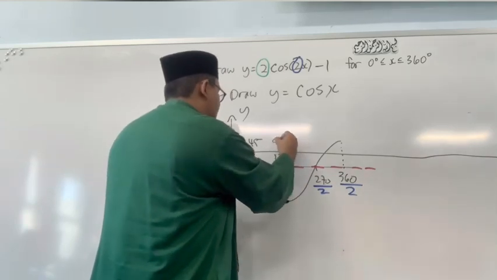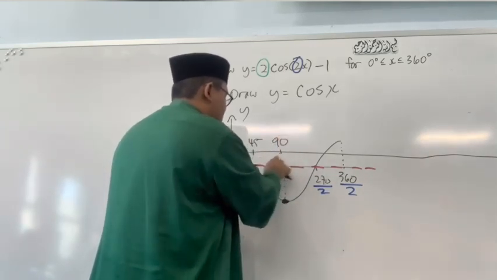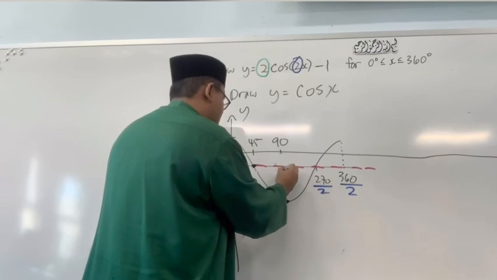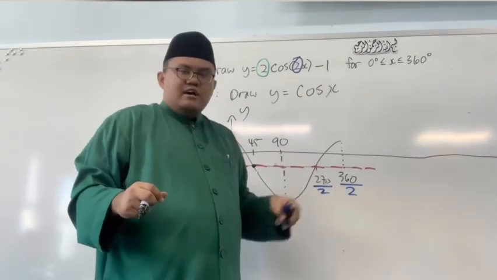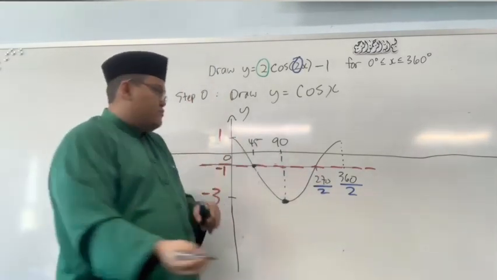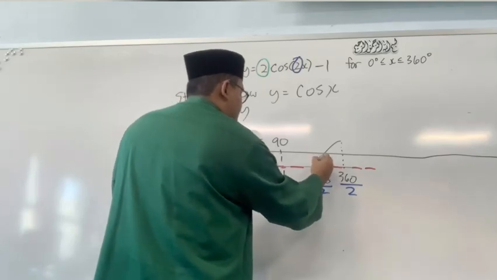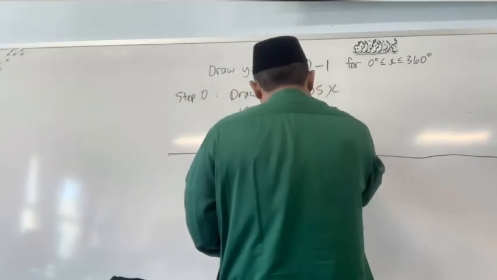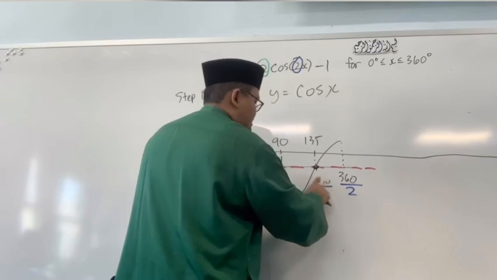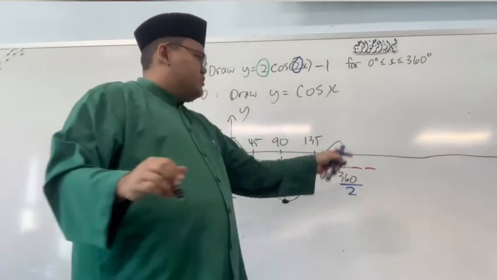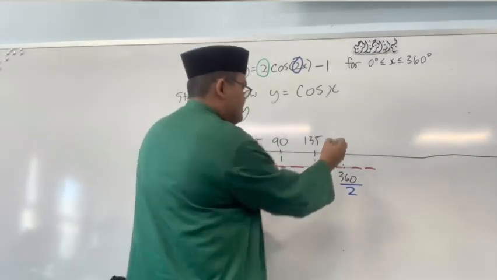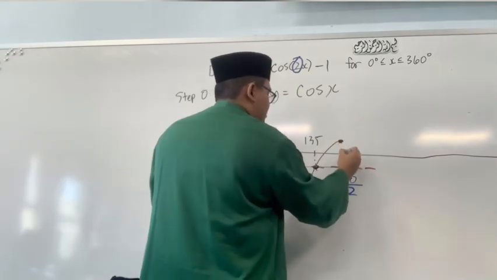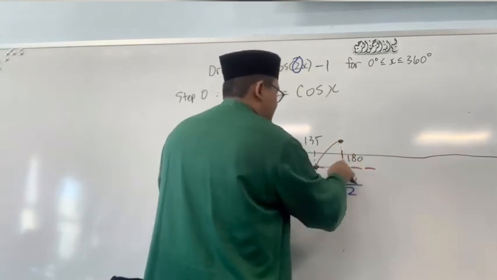So put here, 90. So erase this part. Over here, 270 over 2 is 135. So put the 135 there. So erase this. 360 over 2 is 180. So this is the point. So label here 180.